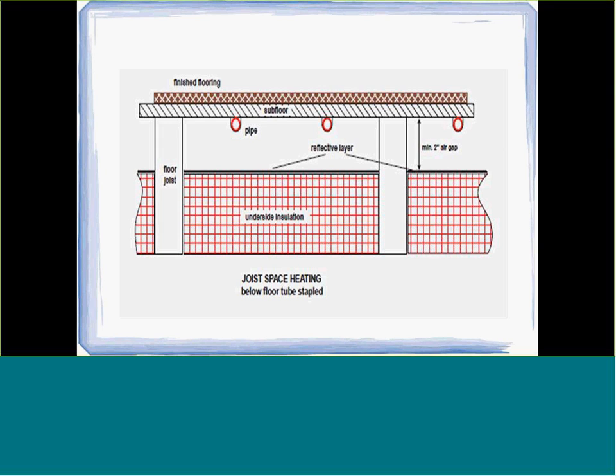Sometimes they'll leave a gap, use a click type fitting where you screw the fitting up to the floor and then snap the tubing in, and you get a little distance between the surface of the floor and the actual tube. And it turns more into a radiated than actual radiant type floor. And you can see they're recommending a minimum of a 2-inch air gap between the subfloor and the insulation.